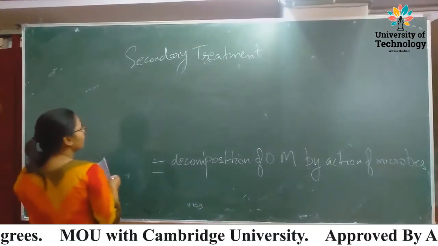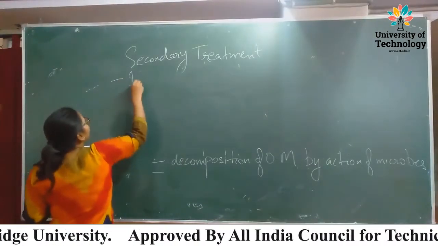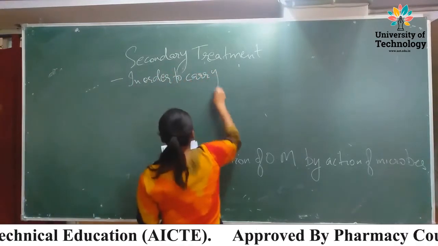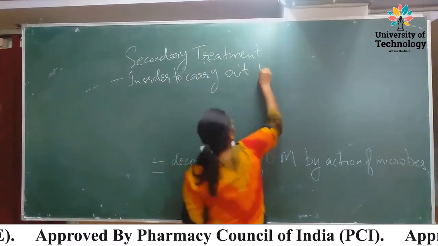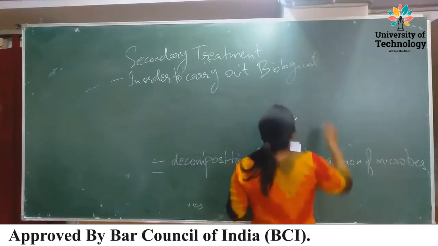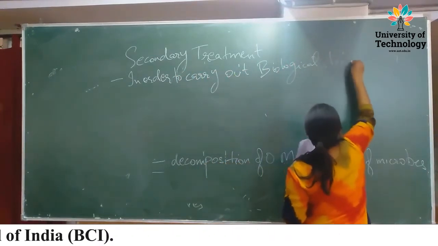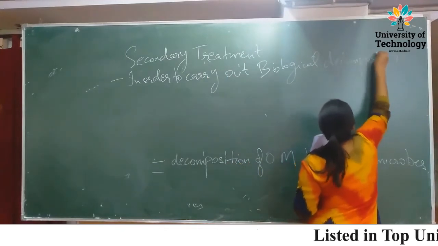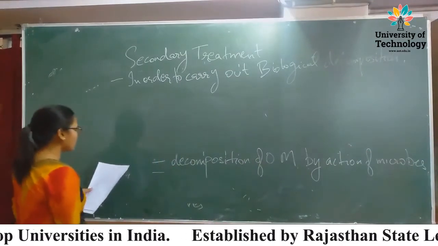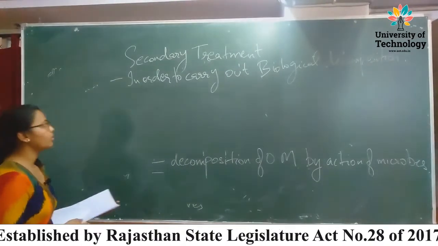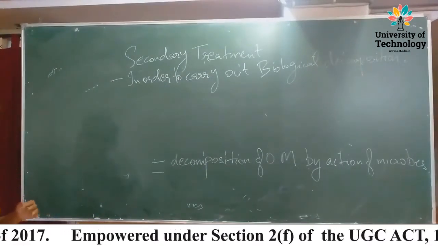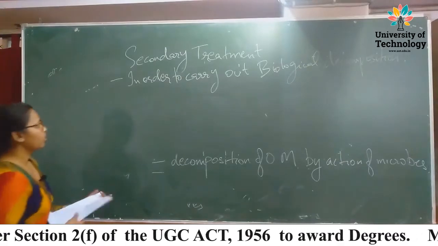In order to carry out biological decomposition, contact between microorganisms and organic matter is established by either of the following mechanisms: number 1 is the attached growth system and the other is the suspended growth system.